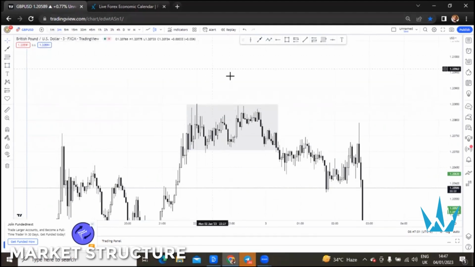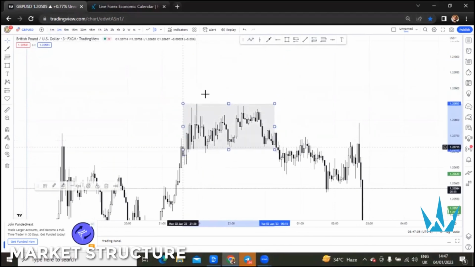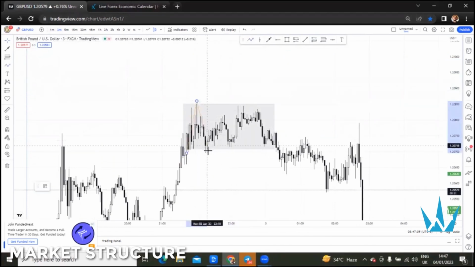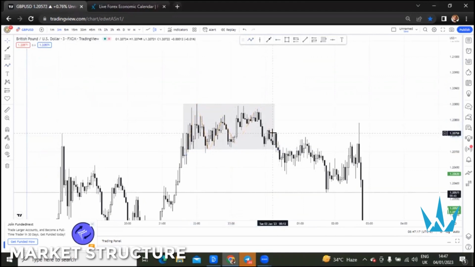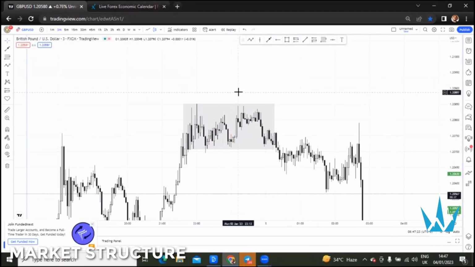Price is moving without any definite direction, just sideways. Goes up, comes down, goes up, comes down. It's not really going up, it's not really going down. So that is an example of a range.